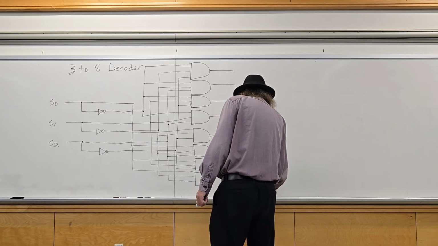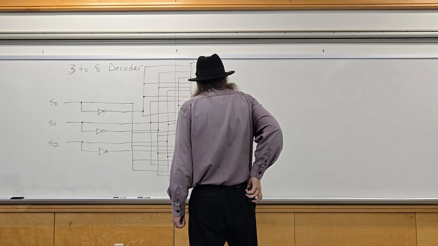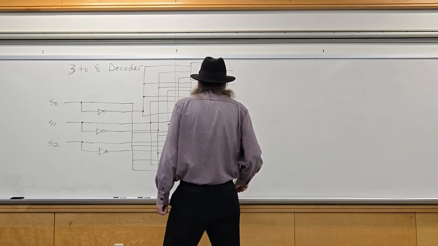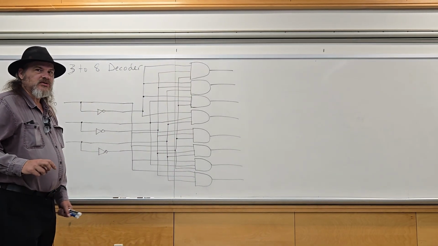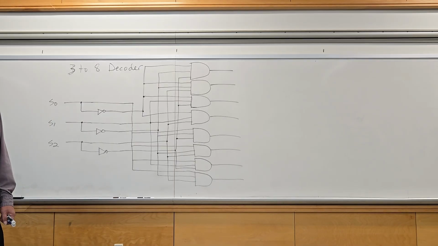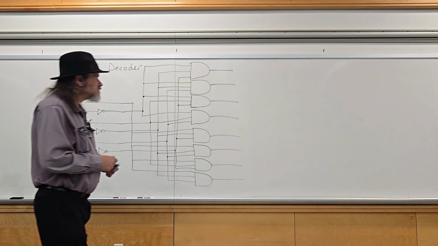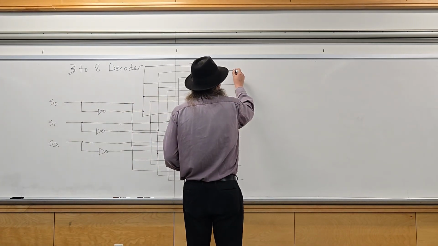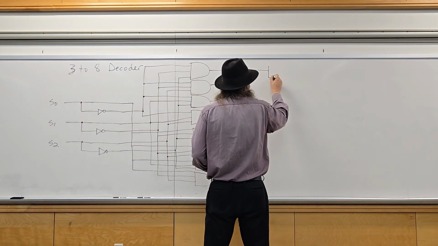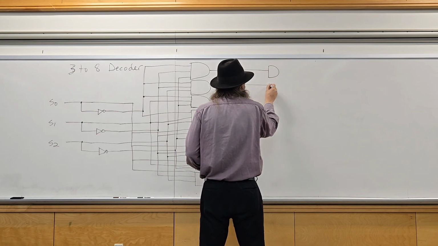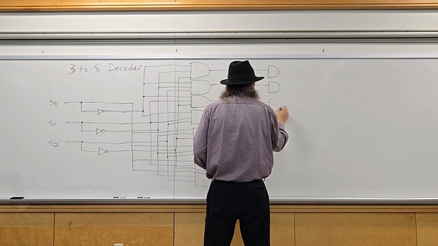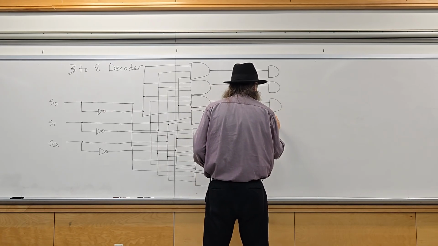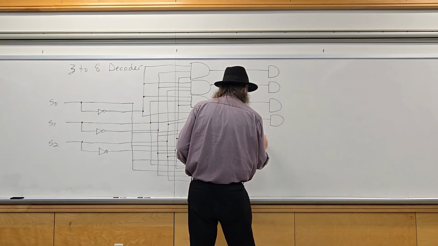And I believe we covered the data selector earlier on, using an AND gate as a data selector. Well, this would go to an AND gate, each one.